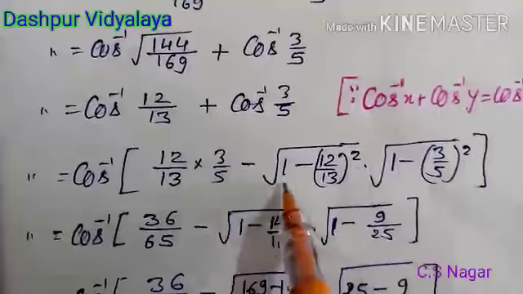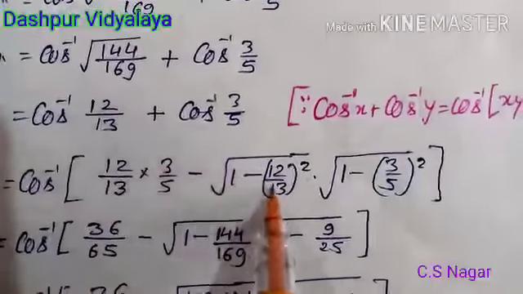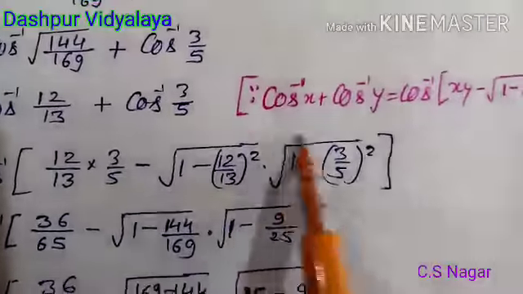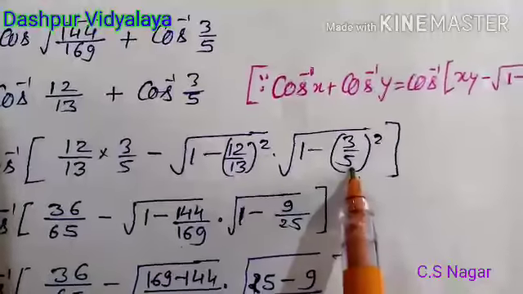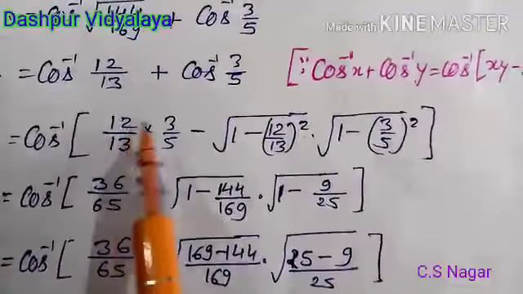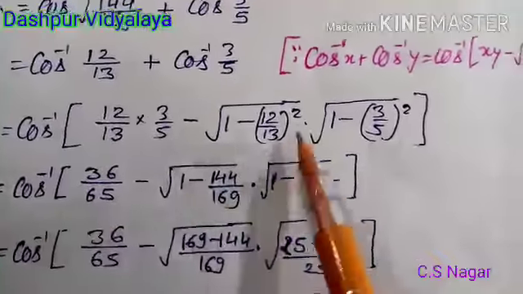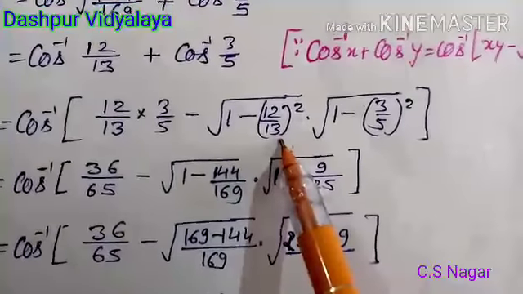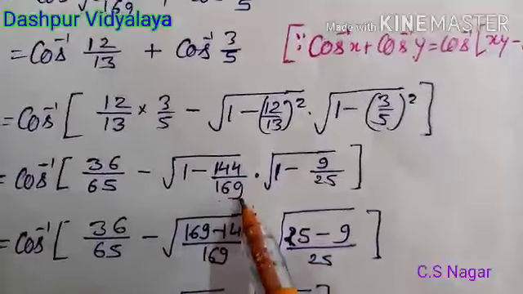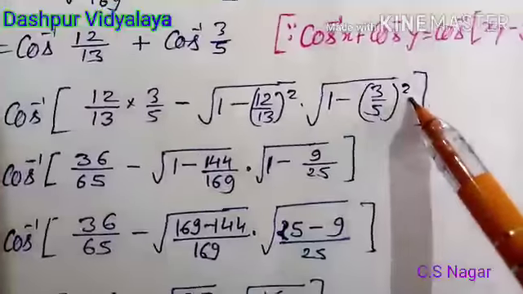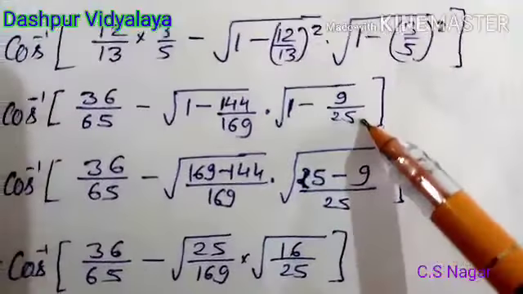X into y minus under root 1 minus x square, which means 12 upon 13 whole square, into 1 minus y square, which means 3 upon 5 whole square. Now 12 into 3 is 36 upon 65. 12 square upon 13 square is 144 upon 169, and 3 upon 5 whole square is 9 upon 25.